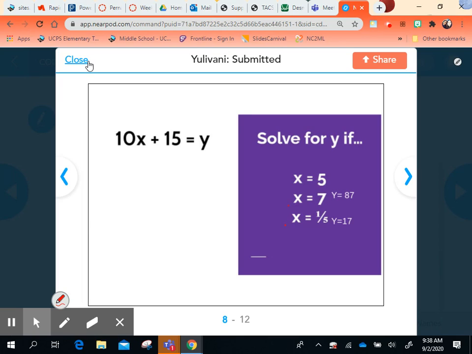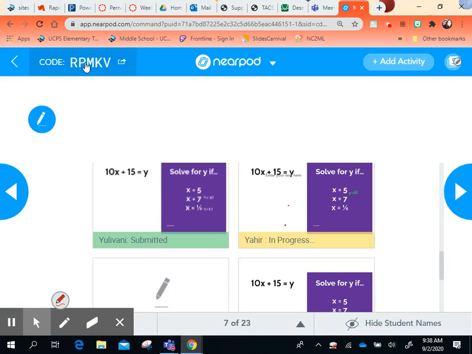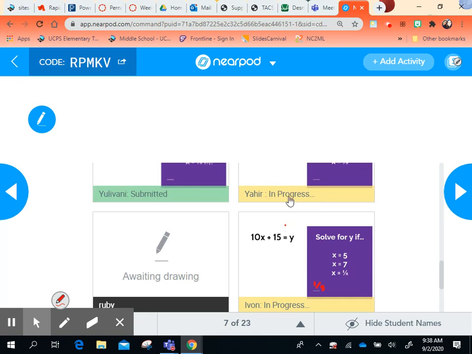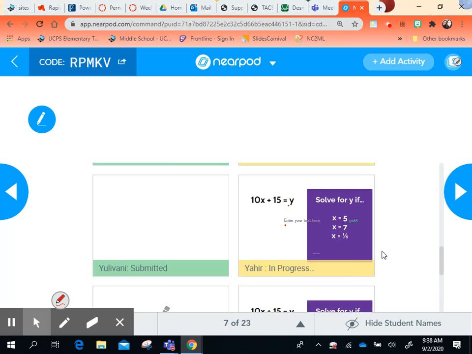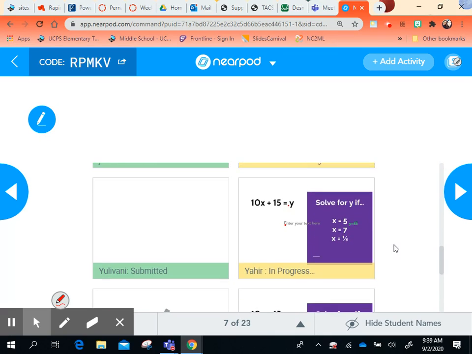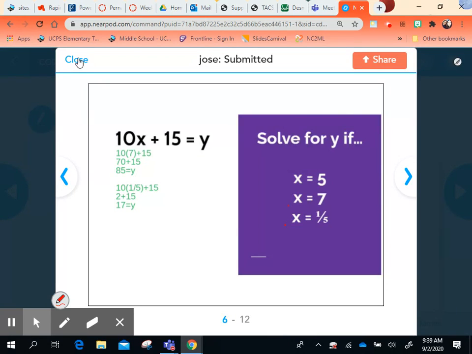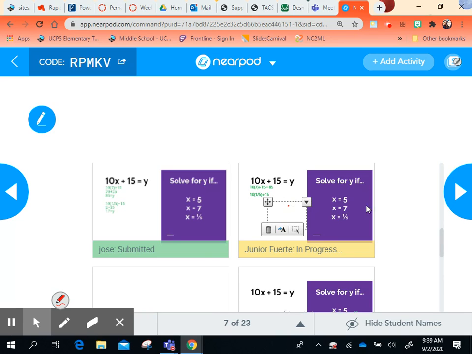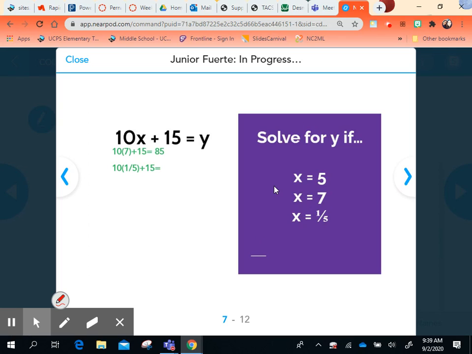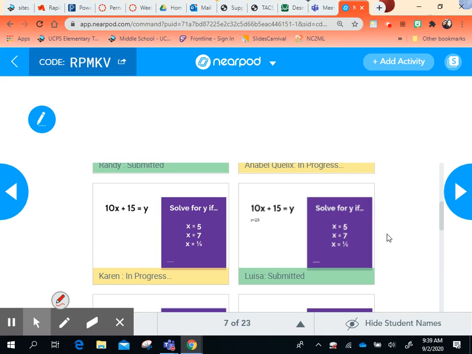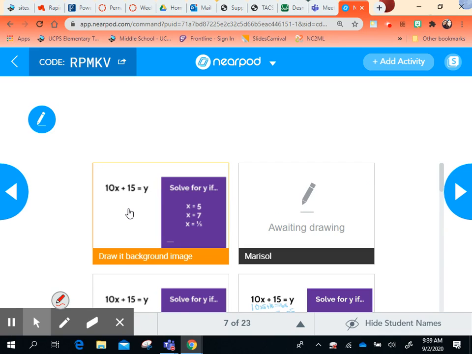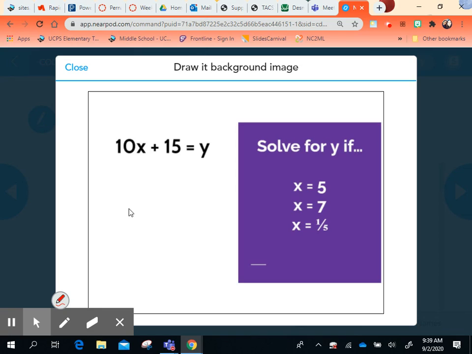Yulivani, check x equals 7. You had it right on your paper, but I think you had a typo. I know I saw it, so I know it was right. Santiago, I don't see anything on your screen. Jose looks good. Junior looks good. It may be that she's writing it down on a piece of paper and hasn't transferred it over yet, because that's what some of them do.